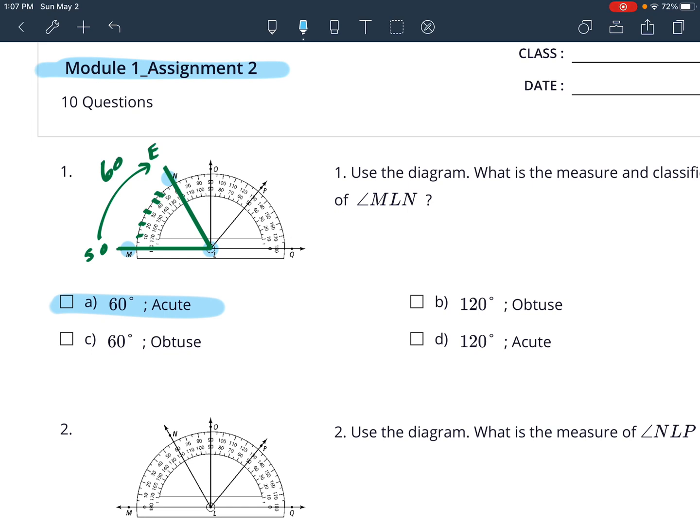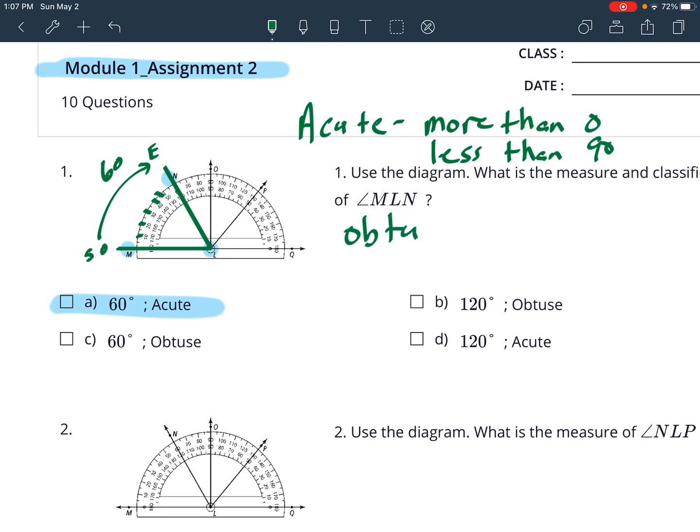And the reason it's 60 acute, like I'm sure you remember, I'm going to write down here real quick. Acute angles are more than 0, less than 90.